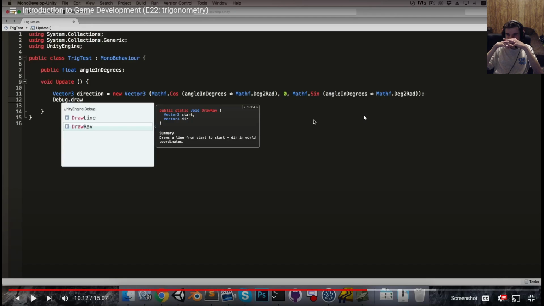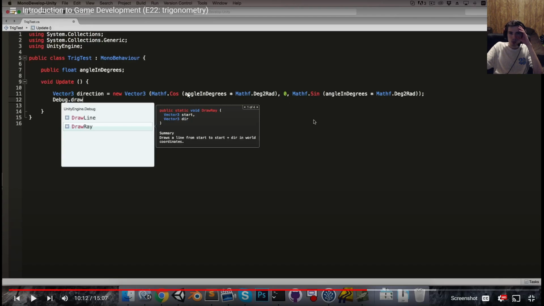Why does it have to be a vector 3? If I do x equals 0, z equals 1, I guess. And we're doing the unit circle one like he did here.